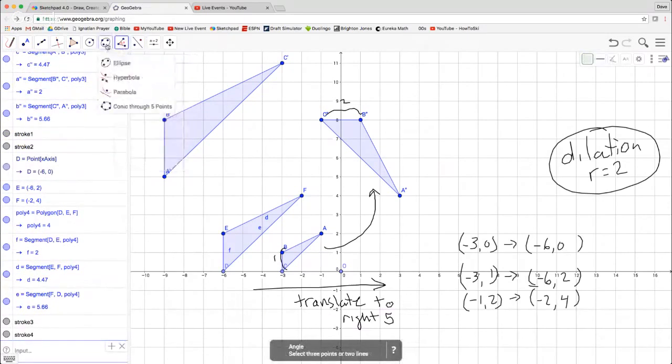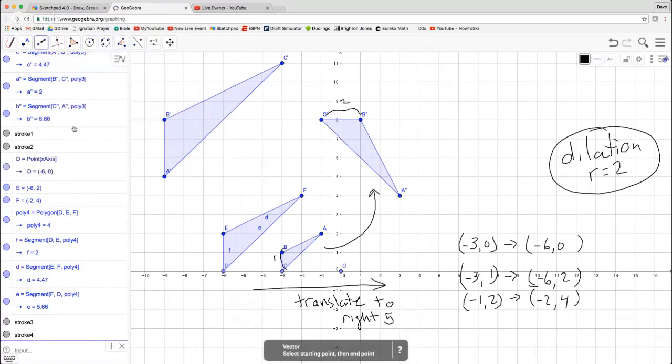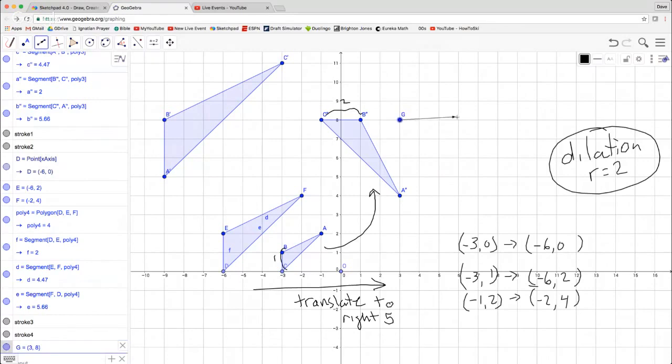Let's just graphically represent what we're doing here. So here's our vector, and we're going to translate this 5 to the right. So let's just make a vector that's 5 units to the right. Right? So this represents moving something 5 to the right.